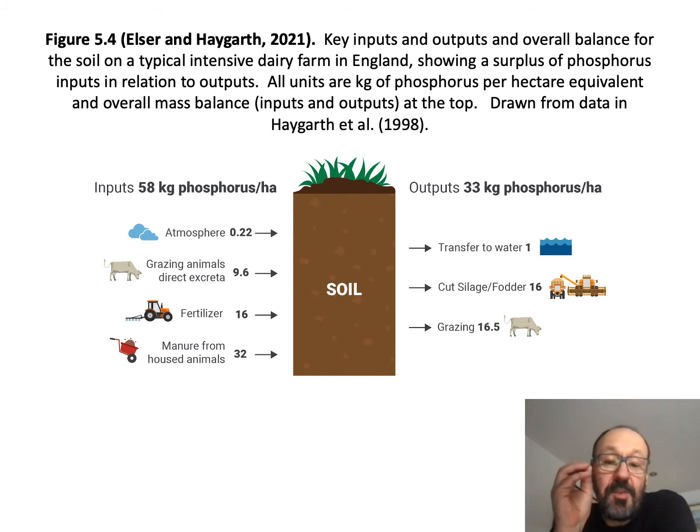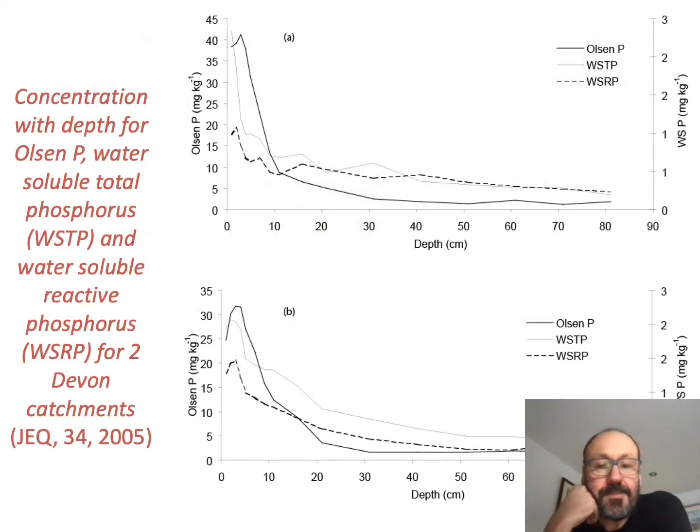But the simple point is that over time the inputs are greater than the outputs, and if that's happening, think about it, it's going to accumulate in the soil. And indeed it does, and this is what happens when we study underneath permanent pasture, underneath dairy soil.